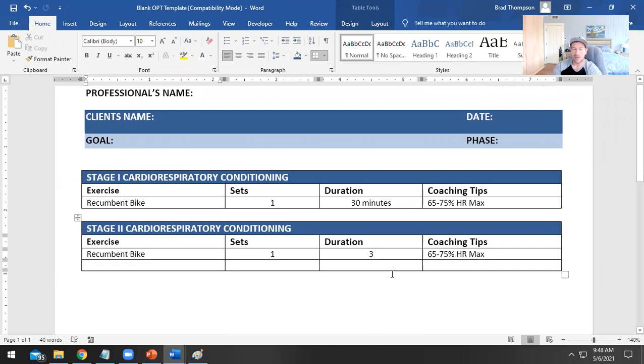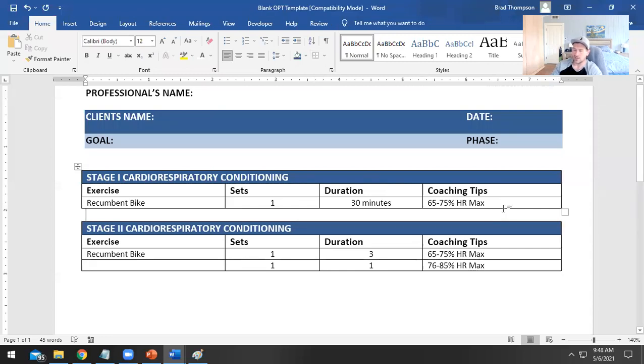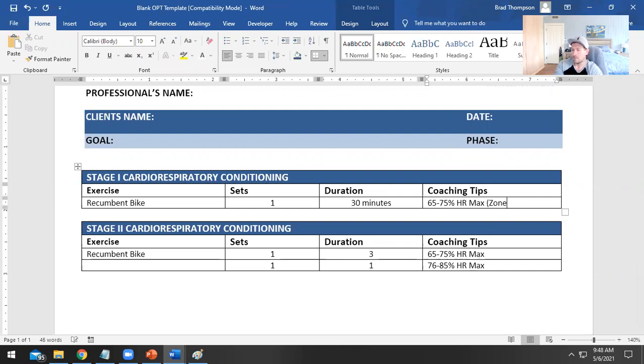And then you have them continue on that 1 set for 1 minute at 76 to 85% of their heart rate max, right? So you can see this is zone 1 the entire time. But over here, they use zone 1 as a recovery.